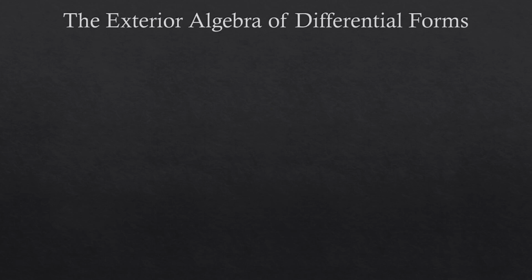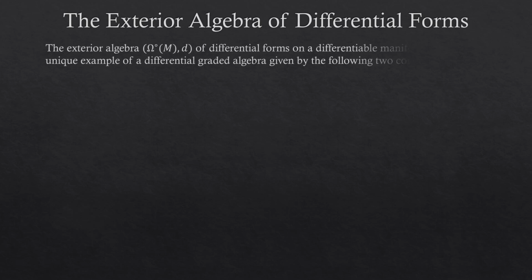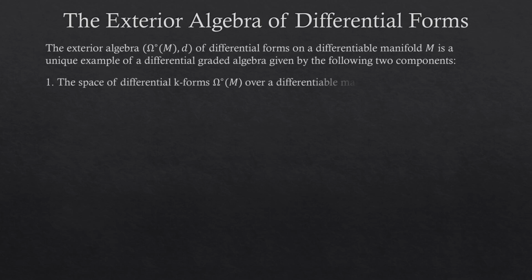Now let's consider a specific differential graded algebra called the exterior algebra of differential forms. The exterior algebra of differential forms on a differentiable manifold that we're calling M is a unique example of a differential graded algebra, and it's given by the following two components. The space of differential k-forms over a differentiable manifold.